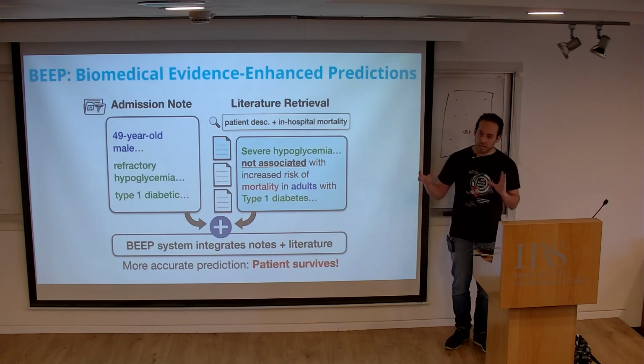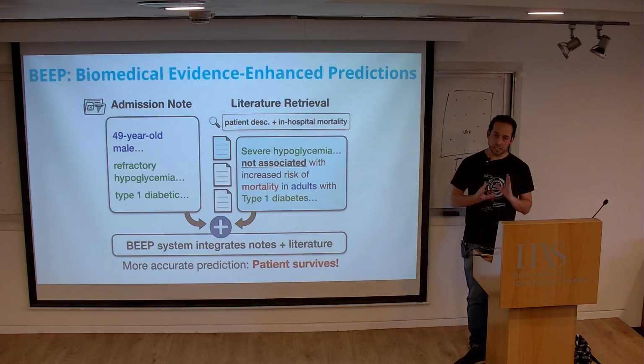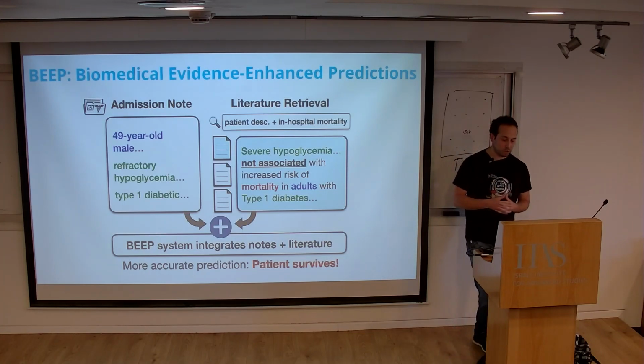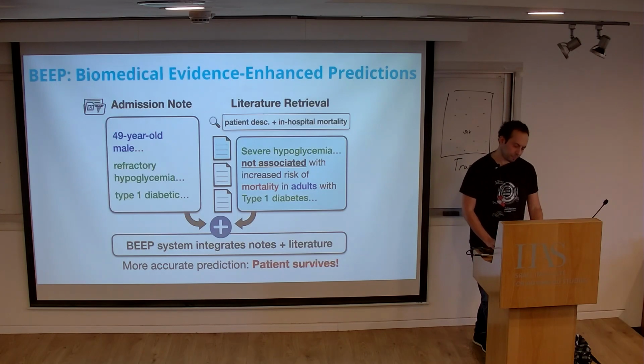By integrating the more well-established causal knowledge from the external community, in other words from medical studies, the model was able to make an accurate prediction to predict patient survival. And I'll show some more examples like this later.